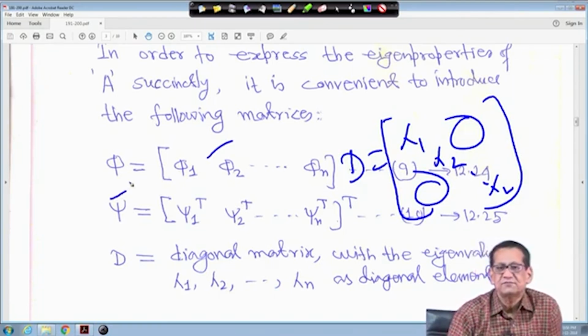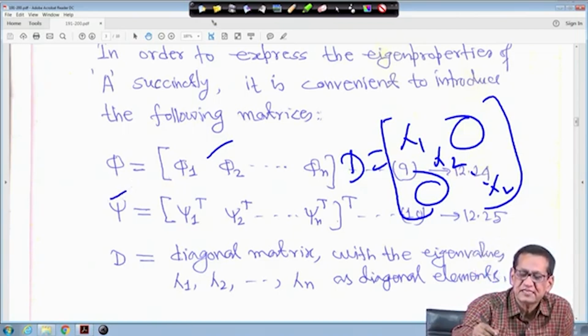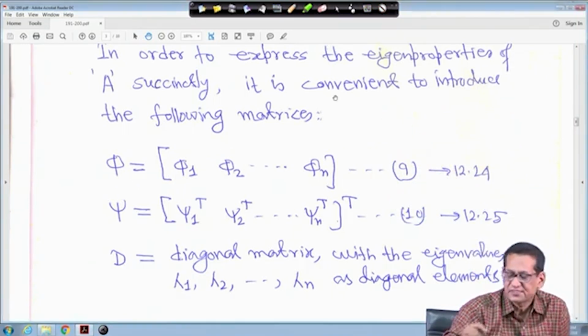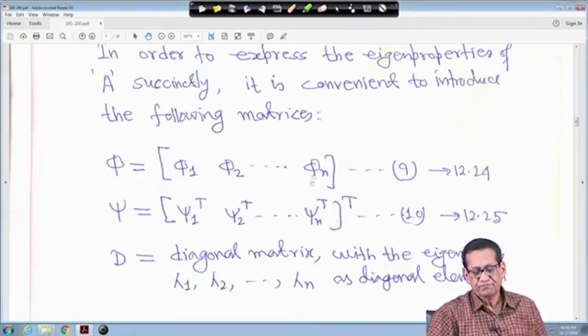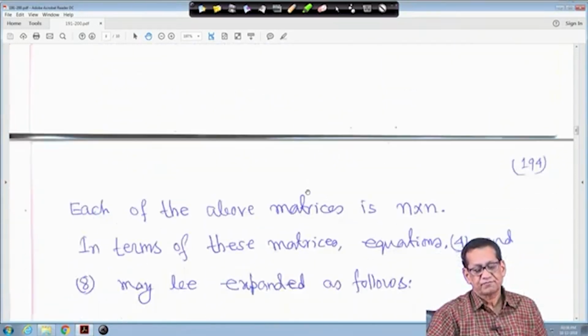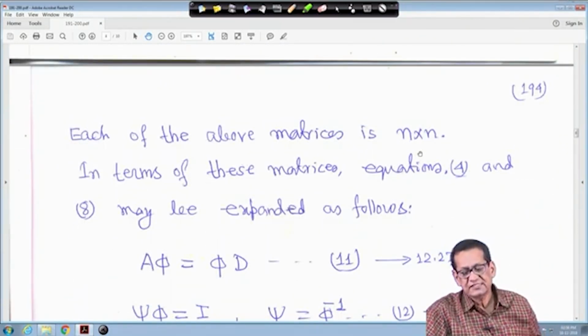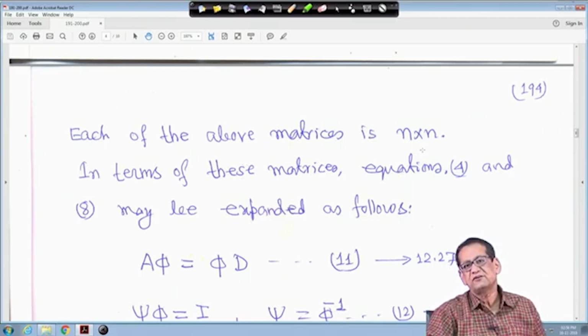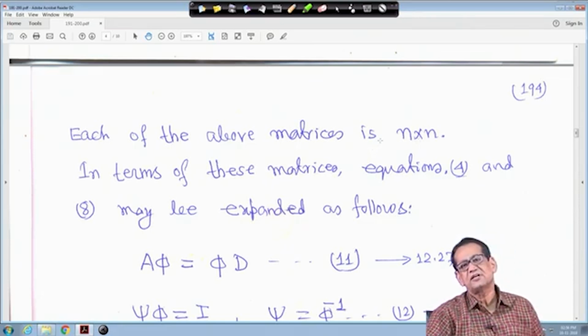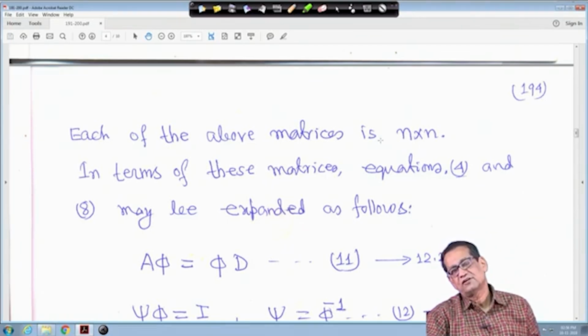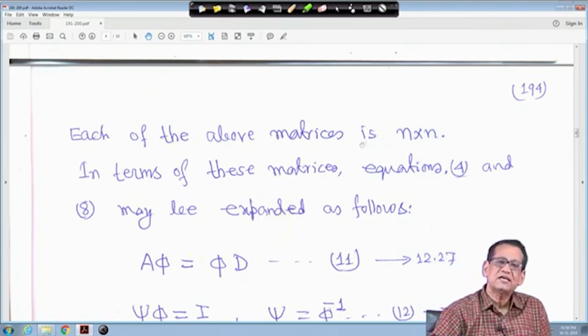Later we will see it is a matrix, but we are representing it like this. Each of the above matrices is n by n order. Your matrix A is n by n, so this is also n by n, diagonal D also n by n, because you have all n diagonal elements, that is nothing but the eigenvalues.